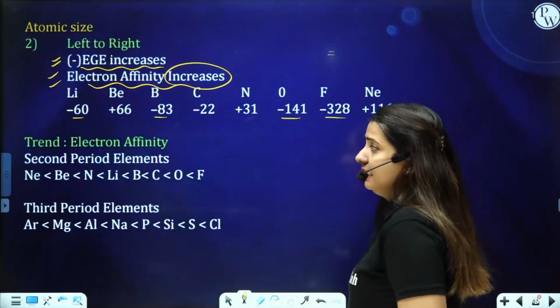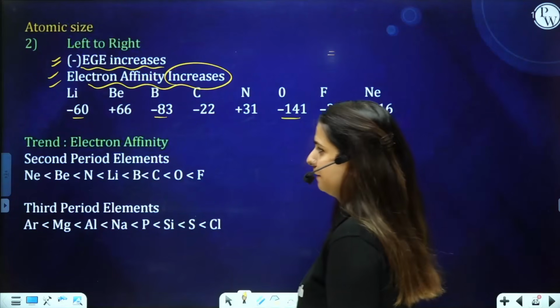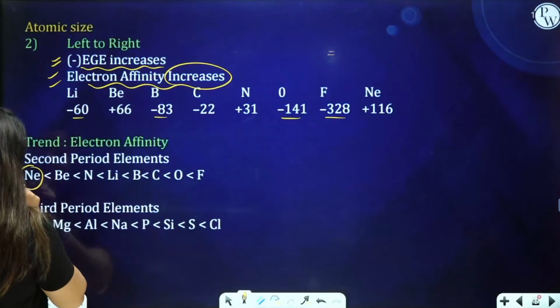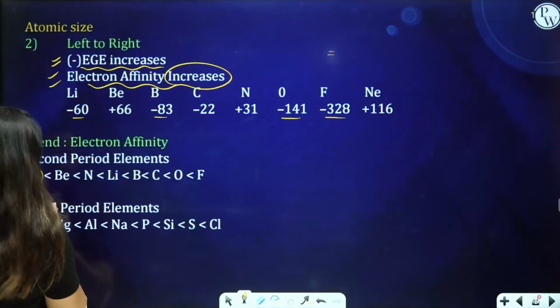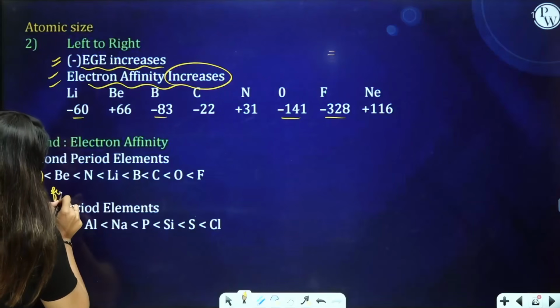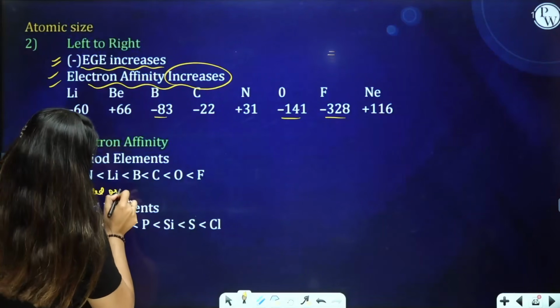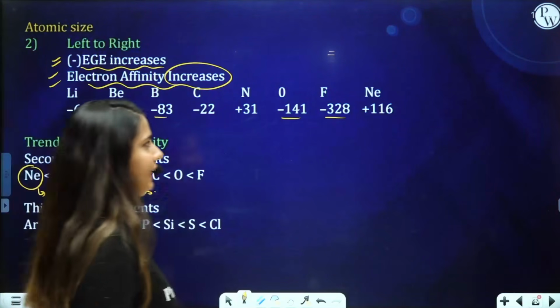Now, for the second period elements, what is the order? As you can see, neon, being the noble gas, comes at the end. Why? Because it has fully filled orbitals. If it has fully filled orbitals, it does not want to accept any electrons.